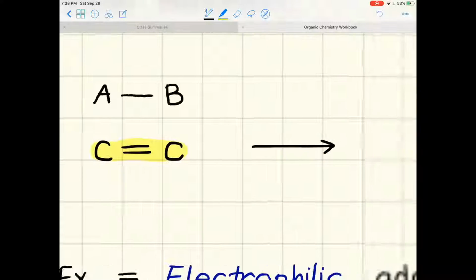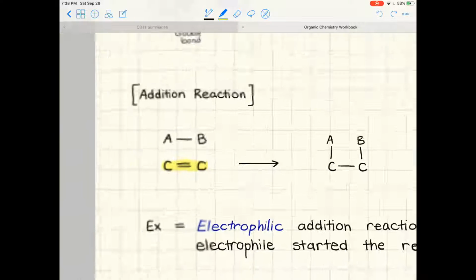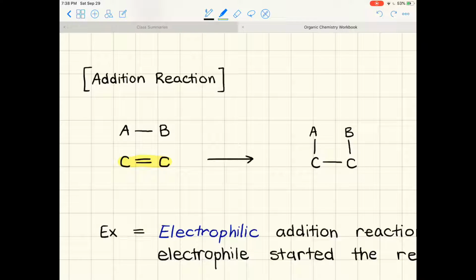added these other elements to them. So this is a general form of addition reactions.